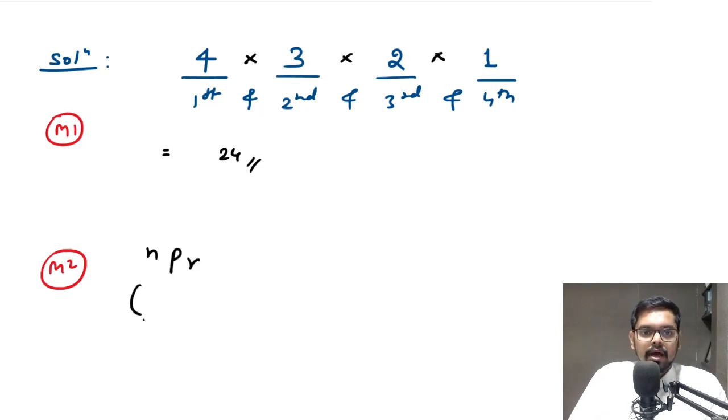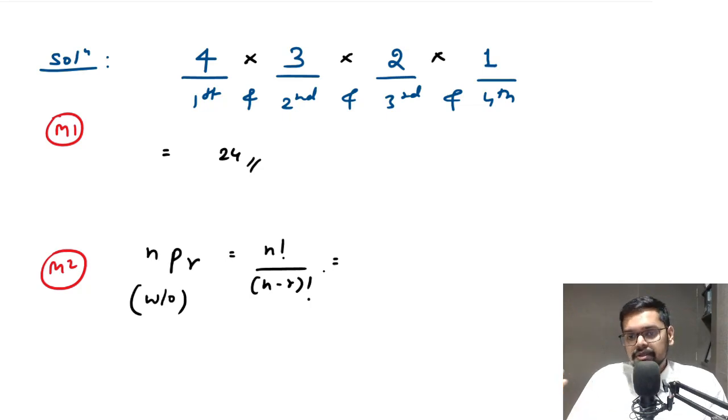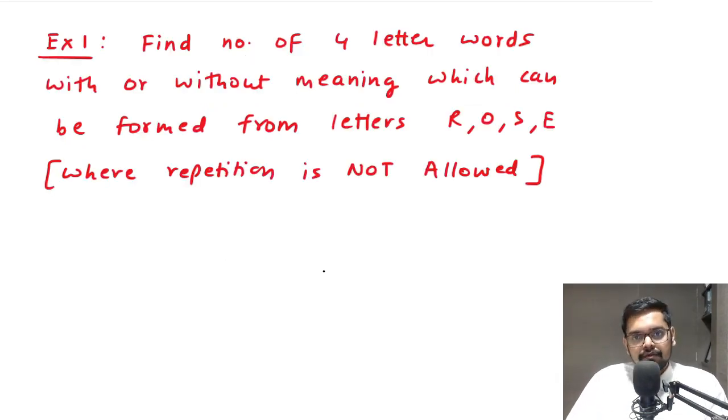I just want to ask which formula, n factorial by n minus r factorial or else n to the power r. The question says without repetition, so n factorial by n minus r factorial would be used. Now the second question is who is n, who is r? If you see carefully, we have to make 4-letter words from 4 letters only.